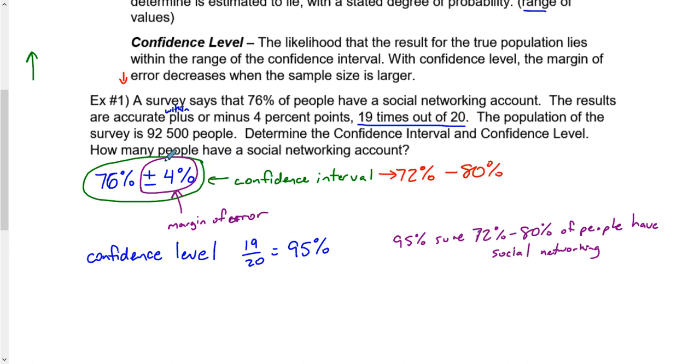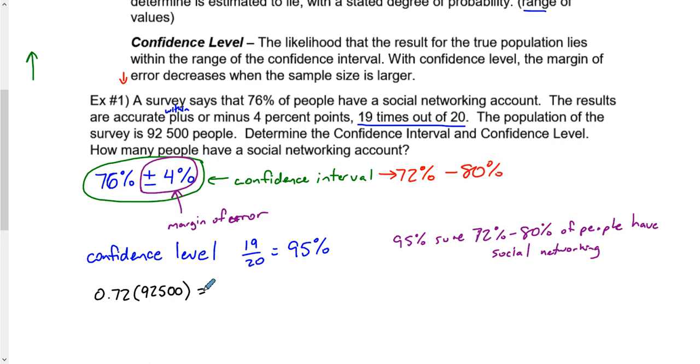So the next bit of the question is, how many people have a social networking account? Well, we're somewhere between 72% and 80%. So if we find out what 72% of this and 80% of that is, we know how many people have a social networking account.